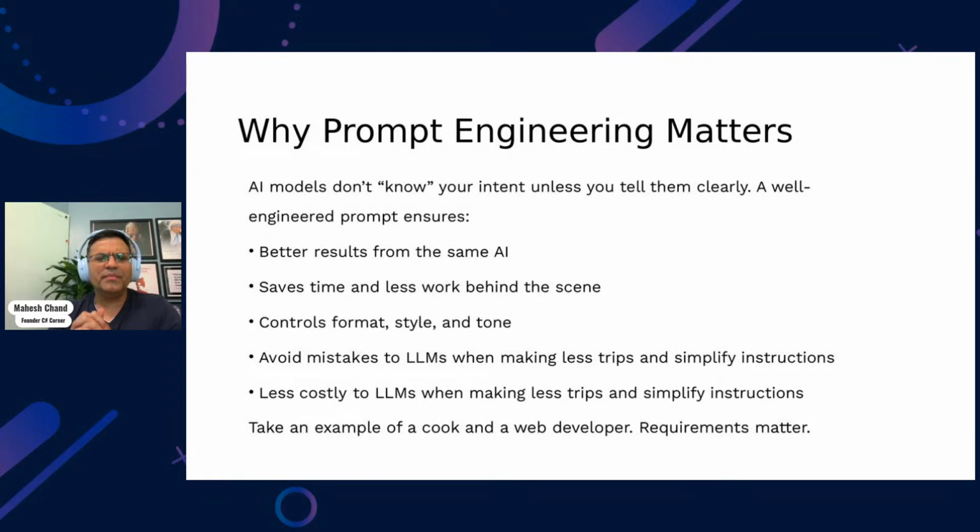The reason prompt engineering matters is, and I'll give you an example, even at your home, a lot of people have a cook at home. I think every time I go, there are several cooks at home. The morning cook is different, the evening cook is different, right? So if you tell a cook, just simply say, make me food, what does that mean?